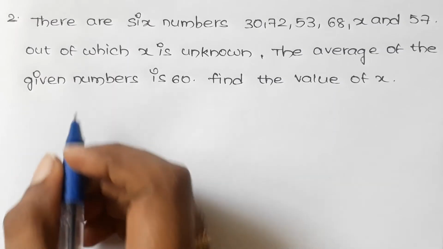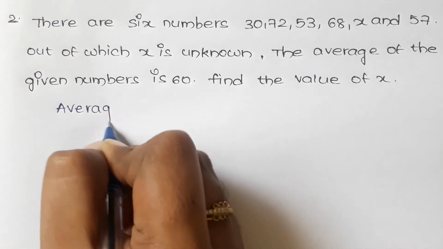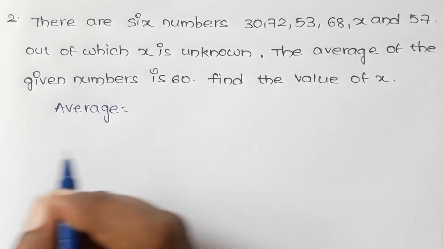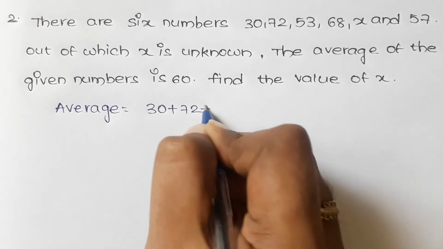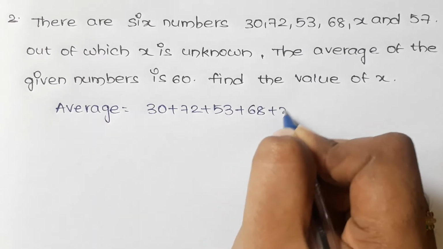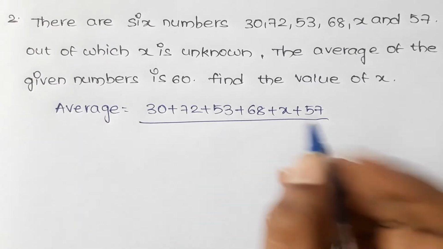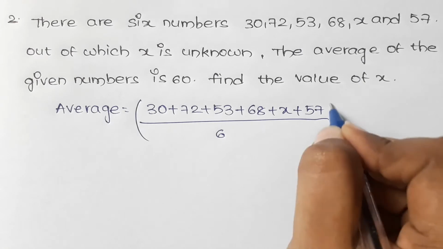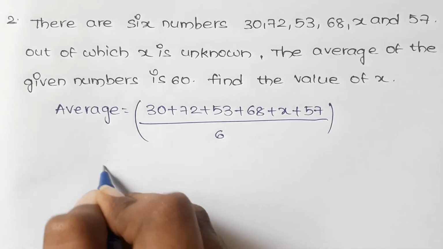Now let us write the average. Average is nothing but sum of observations by number of observations. Here given 30 plus 72 plus 53 plus 68 plus x plus 57 divided by 6, as we have 6 observations, and the average is already given, so it is 60.